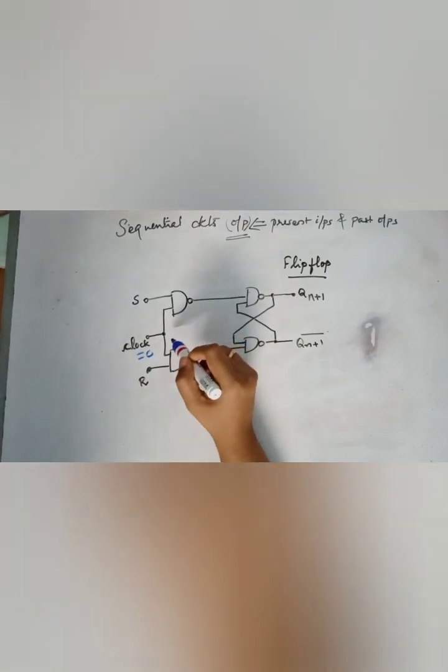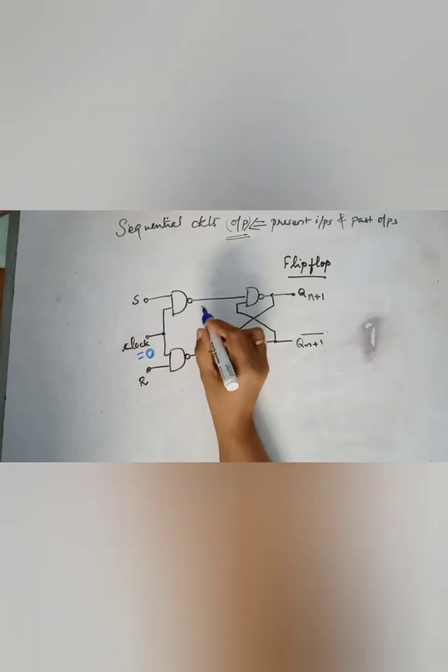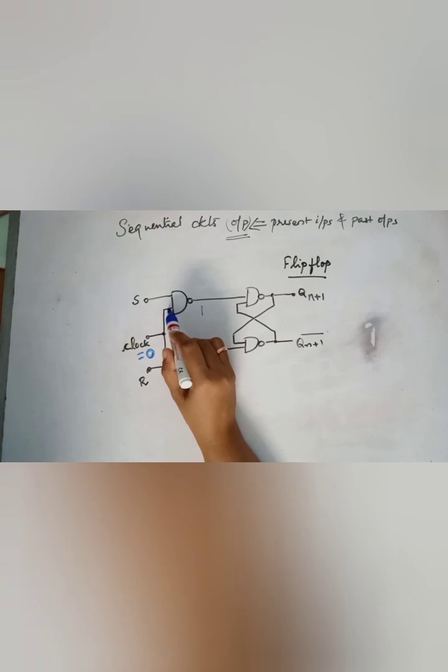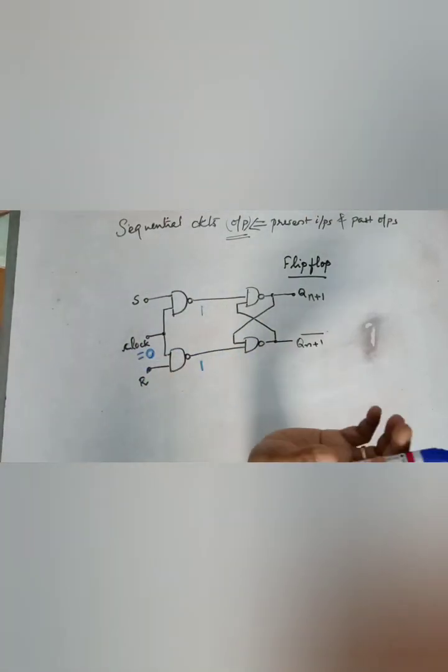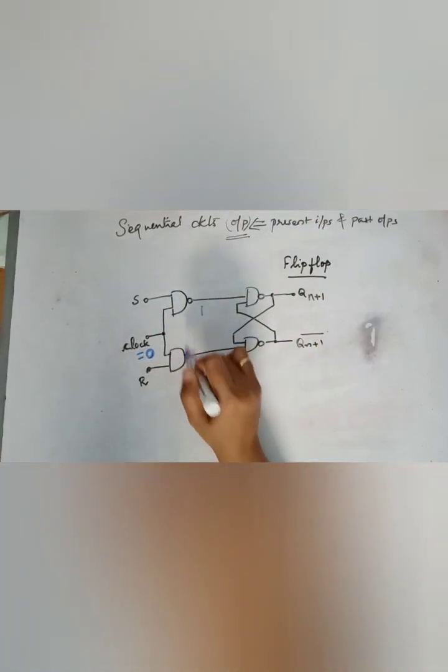For a NAND gate, if one of the inputs is 0, then irrespective of the other input, the output is 1. If you apply a 0 here, here 0 is coming, here 0 is coming, your output will be 1, whatever you apply at S and R. So input does not affect the output of these NAND gates.